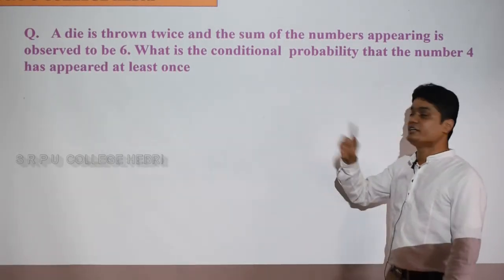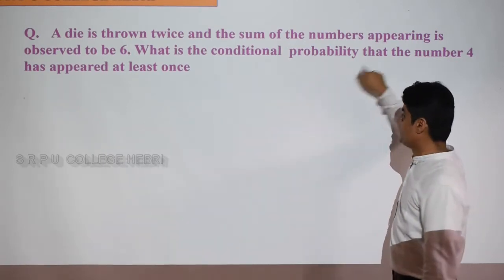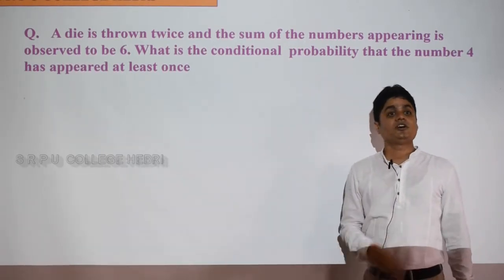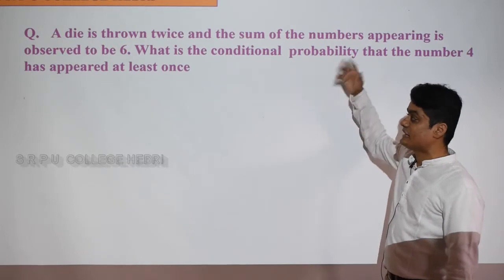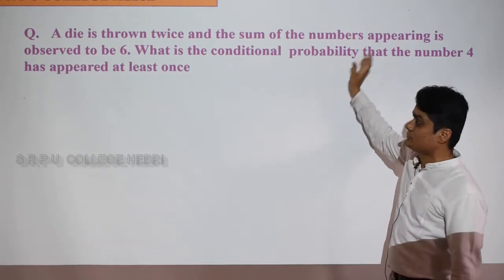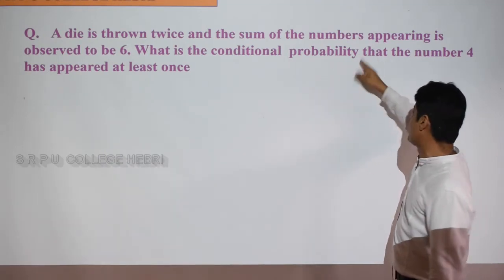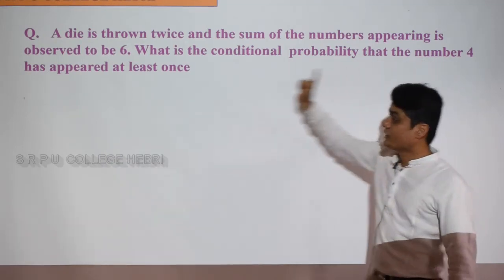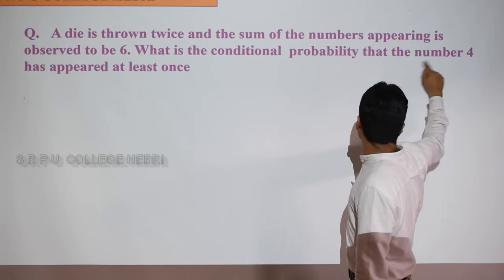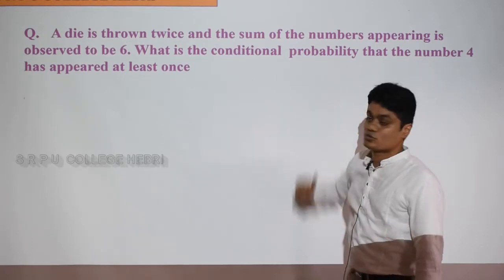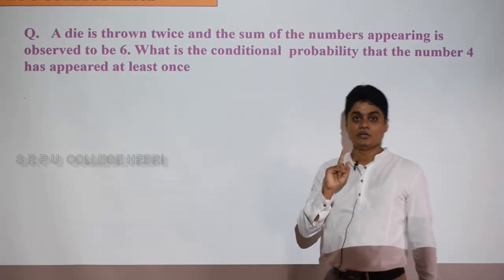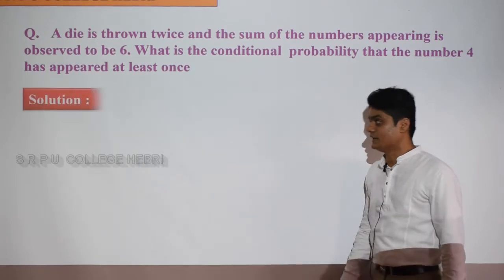Here also you can see two events. For one event we have to find the probability, and the other event has already happened. Which event has already happened? The sum of the two numbers on the two dice is 6. That event happened, and you are going to find the probability of the event that the dice show the number 4 at least once. At least once, 4 must come on the dice.